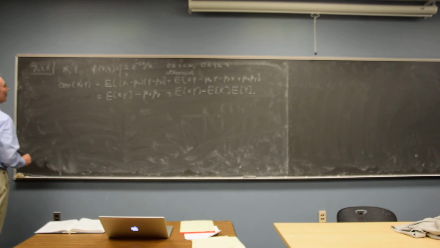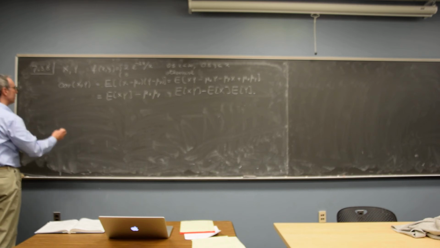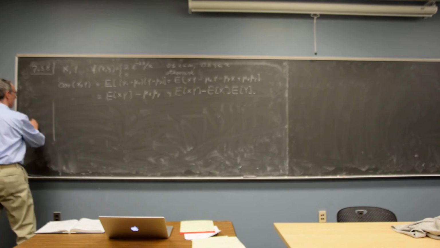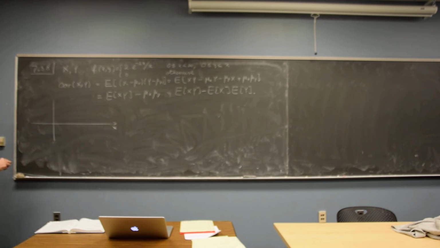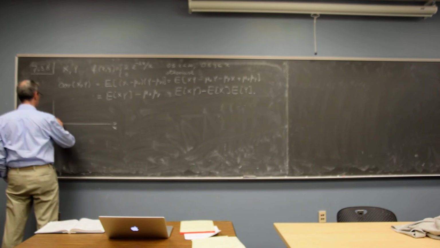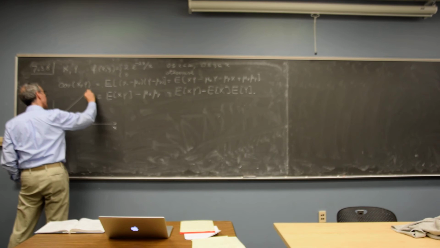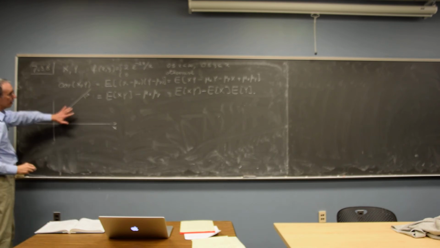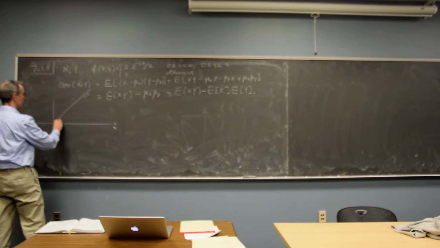Okay. So now x goes from 0 to plus infinity, and y goes from 0 to x. So this is y equal to x, and this region is where y is smaller than x. So we want to integrate here in this region.